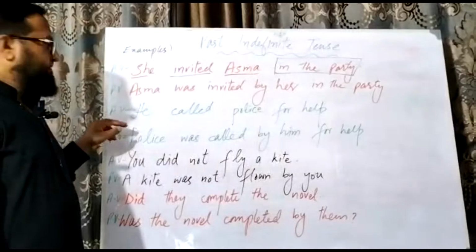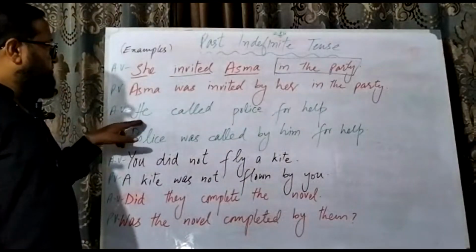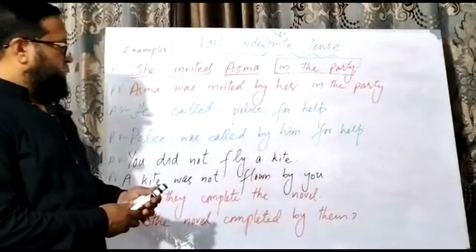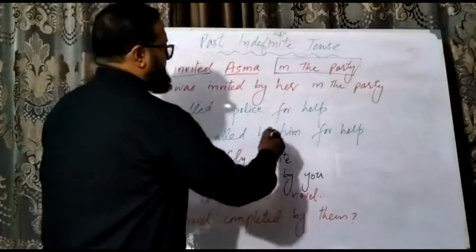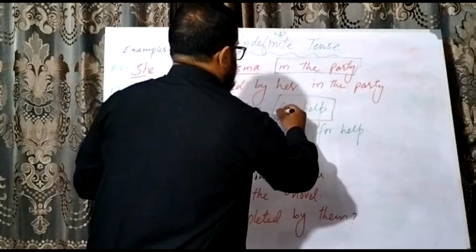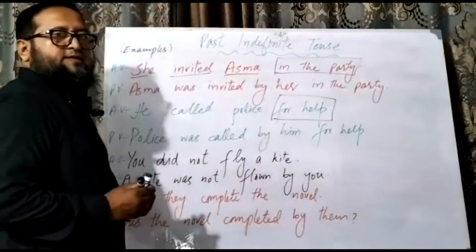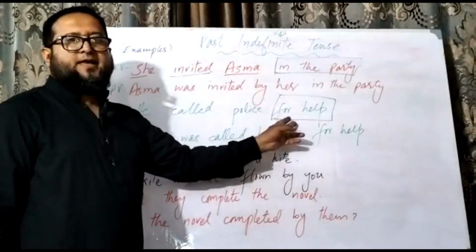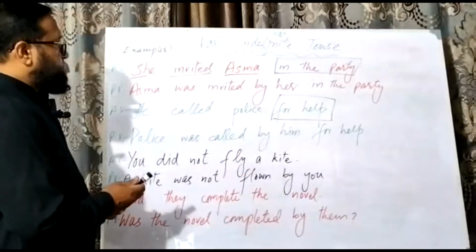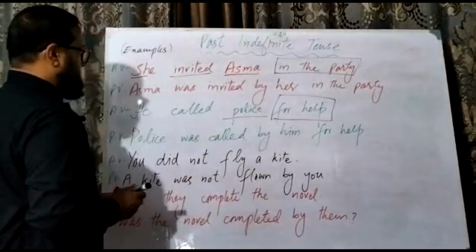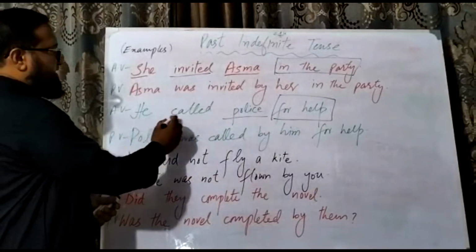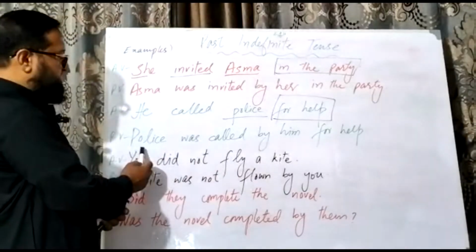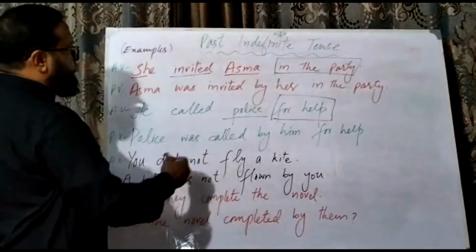Next sentence, let's have an example: he called police for help. Again, for help is a phrase with a preposition in the beginning, so it cannot become an object. The object is just after the verb. He is the subject, called is the verb, and police is the object. The object will come over here, so it will become the subject: police was called.